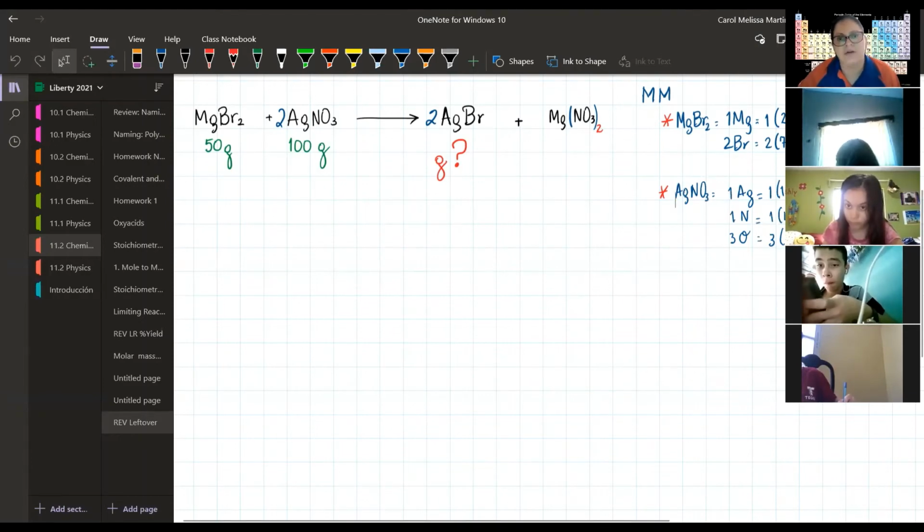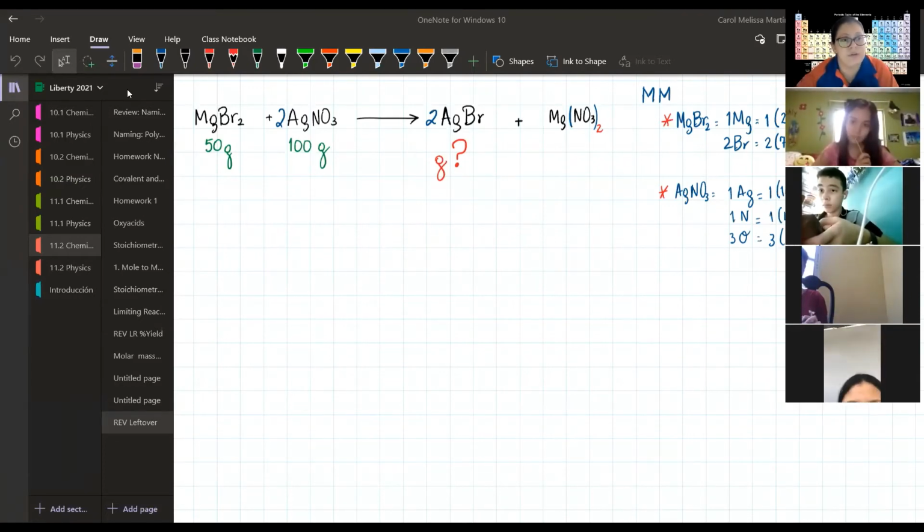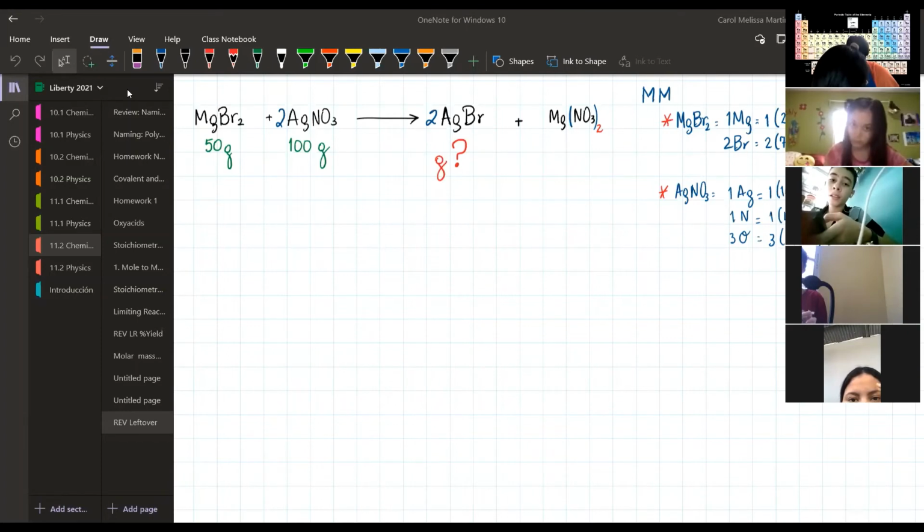I'm using right now all the digits. If you use round numbers, if you use a molar mass calculator, well, they don't do that in your quiz because you need to show all the procedure. Okay. How much is this? 169.88.